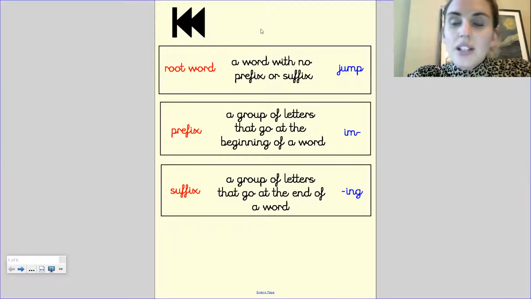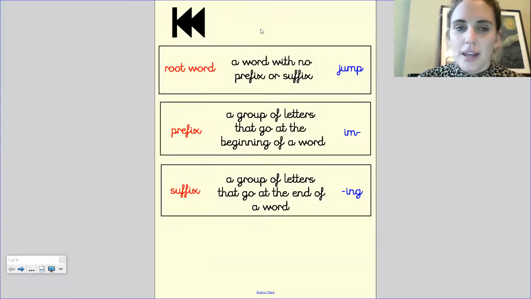So what we're going to do now is we're going to rewind and revisit the rules that we have already learnt and make sure we're really great at them, so that by the time that you go to Year 4 at the end of this year, you're feeling really confident with these rules. So between now and when we break up in the summer, we're going to be revisiting the spelling rules that we've already learnt this year and making sure that we're really confident with them.